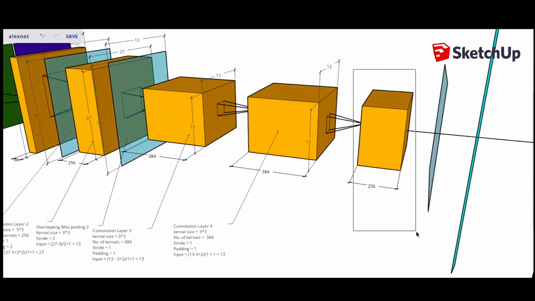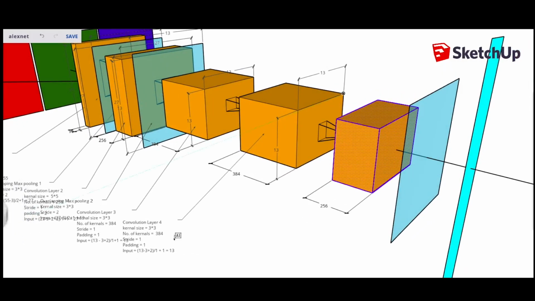Then again we have convolution layer number 5, where the kernel size is 3 cross 3. Number of kernels is 256, stride of 1 and padding of 1.